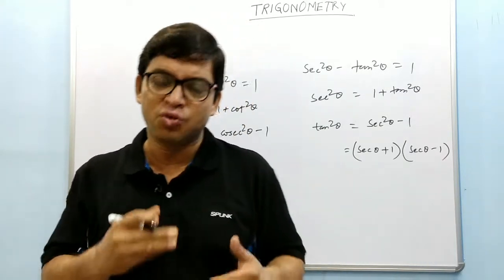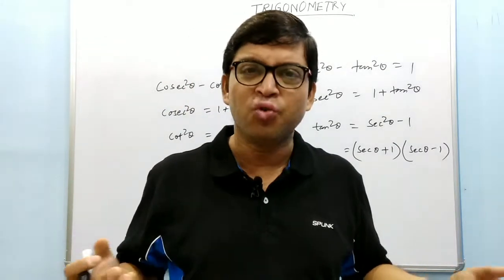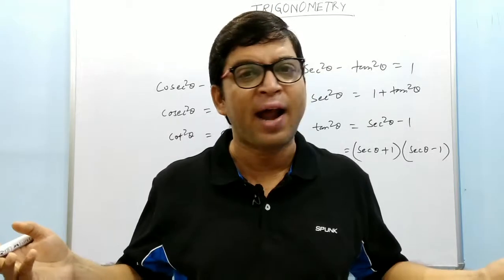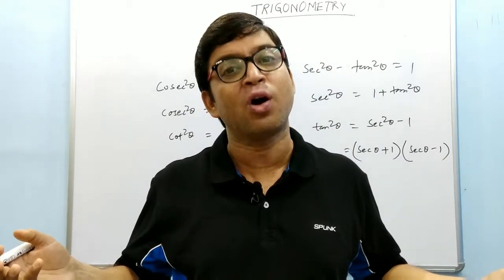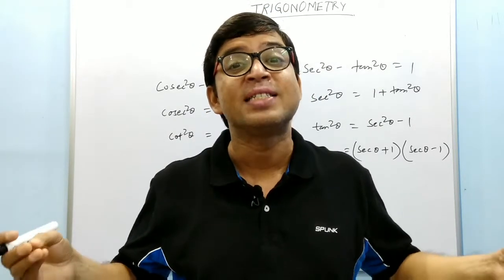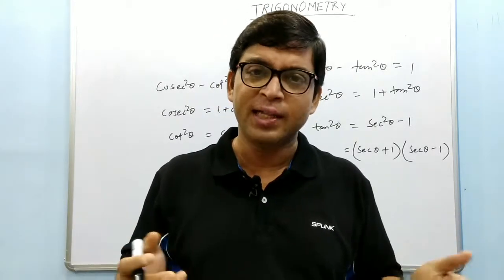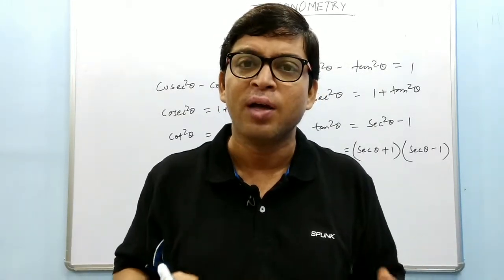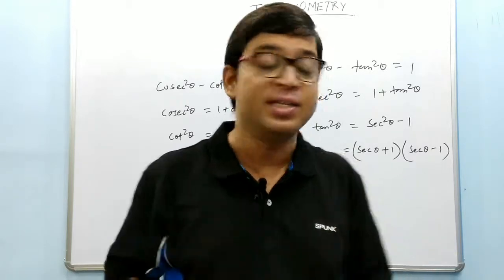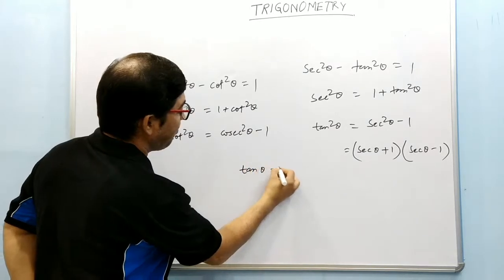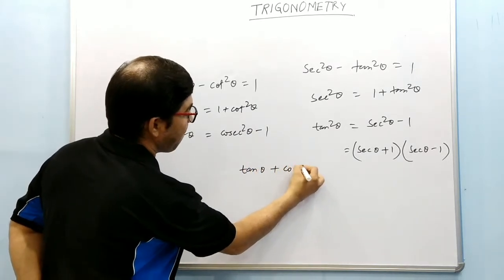Sometimes I have seen students getting stuck, not knowing what to do. I recommend, if you are trapped, just take the help of the god of trigonometry, sine and cos. That means you convert everything in terms of sine and cos, and you will get things done easier. Suppose you have to write tan theta plus cot theta.